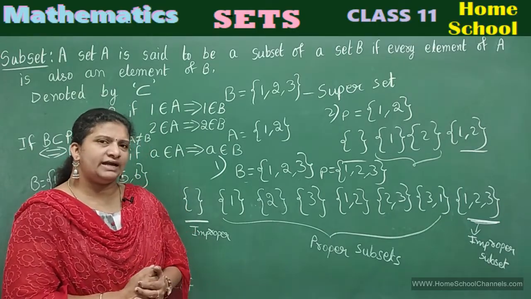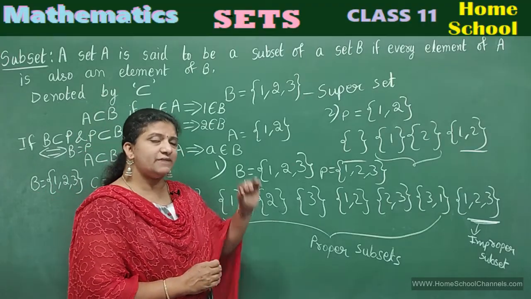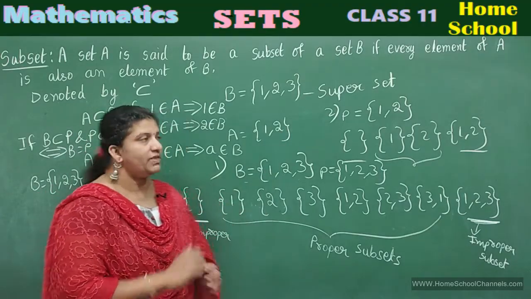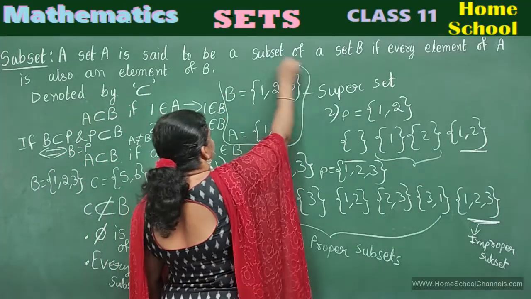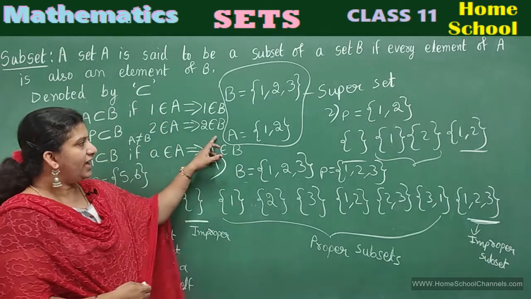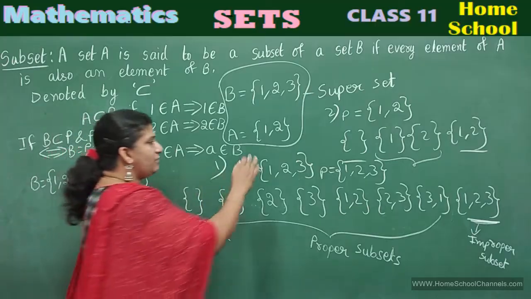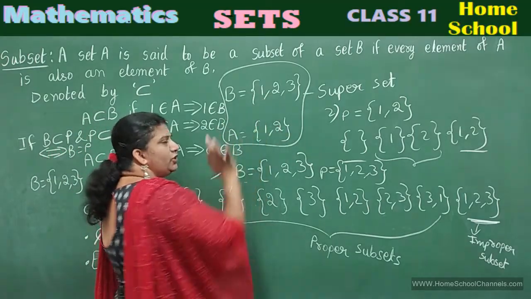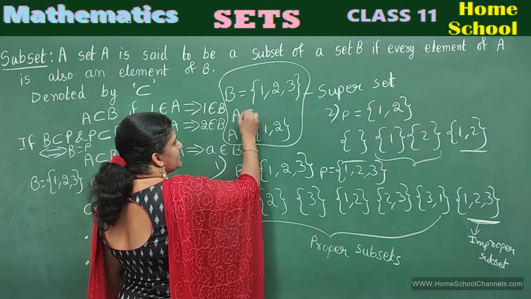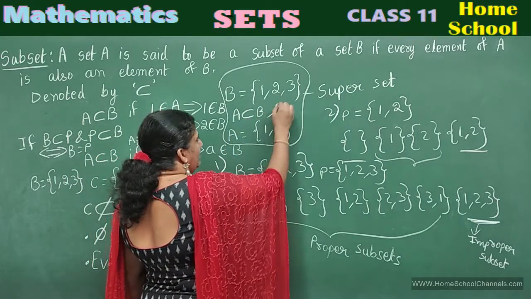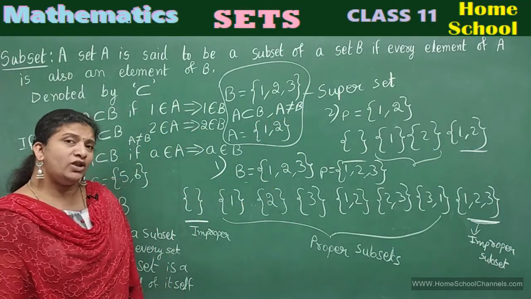What is a superset? Suppose I say a set A is a subset of this set. Look here, this example. If A is a subset of B, that means only 1, 2 are present in A, and A is a subset of B and A is not equal to B. Why not equal?